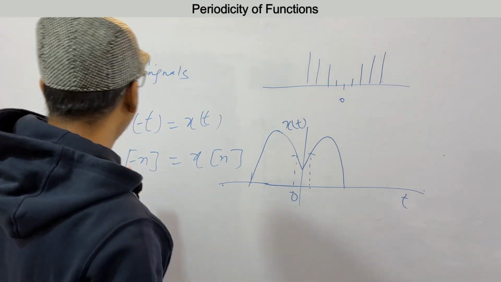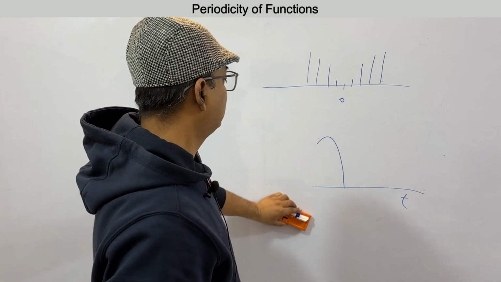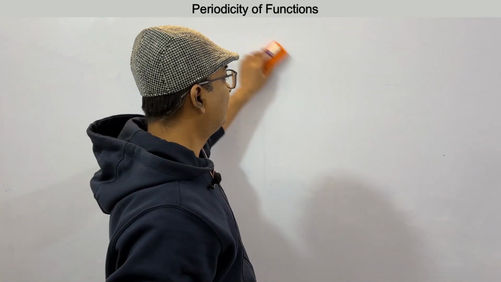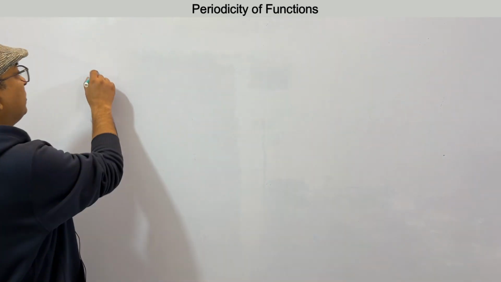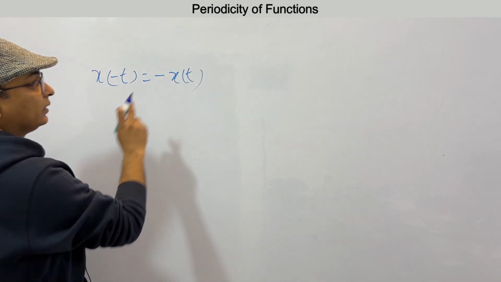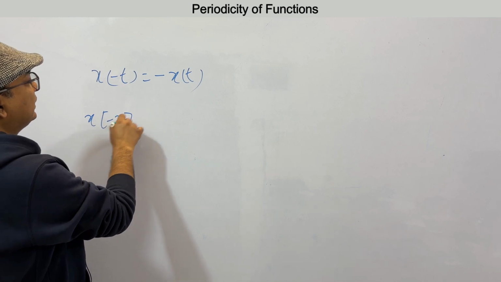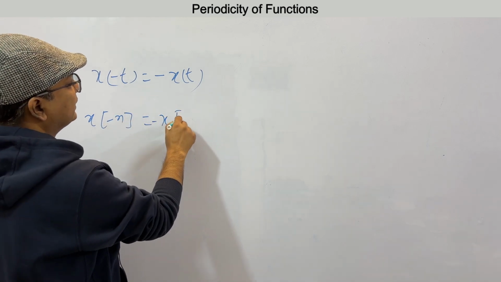Clear? Similar to this, we have odd signals. Odd signals are those where the signal is actually negative of its value, that is x(-t) is equal to minus of x(t). Similarly, we have x(-n) equal to minus of x(n).